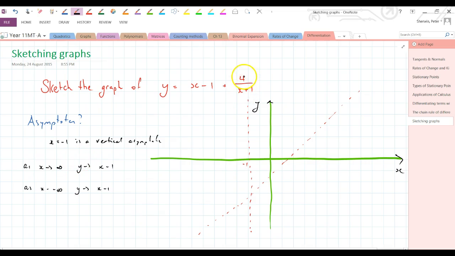This is positive infinity. This will be slightly greater than 0. So from above, we're approaching x minus 1. And if you think about as x approaches minus infinity, then this is a small negative value, and so we've got just less than this. So this is from below.